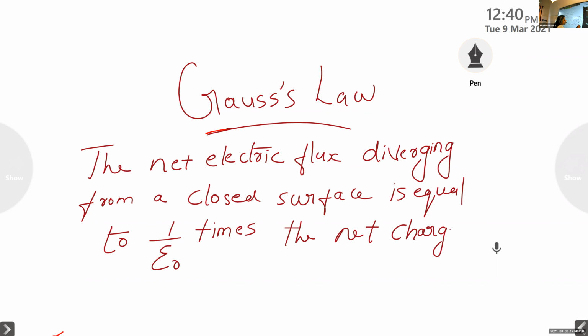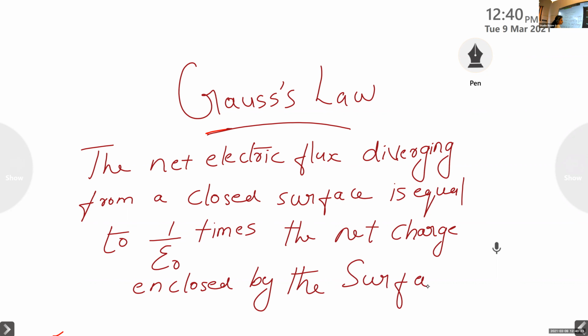I will write the law here. So this is what our Gauss's law states: the net electric flux diverging from a closed surface is equal to 1 by epsilon 0 times the net charge enclosed by the surface.